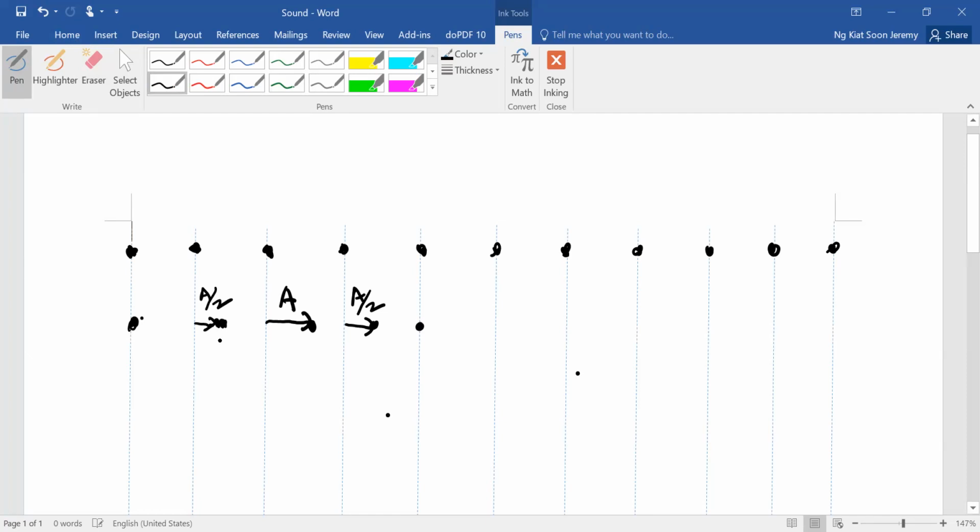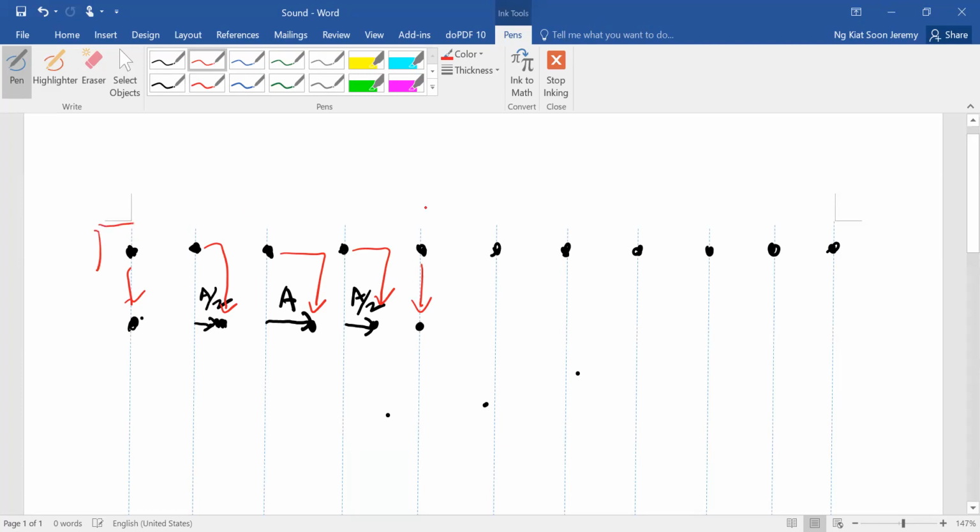Hopefully you can see the particle is here. This particle, let me try and use red. This particle's new position is here. This particle's new position is here. This particle's new position is here. And of course, this particle didn't move. This particle didn't move. The red pen you shouldn't draw. The red pen is just to illustrate to you.